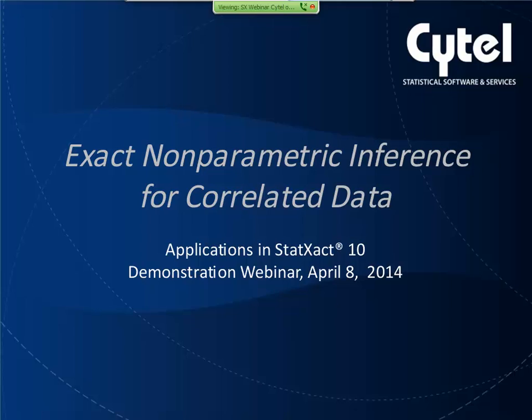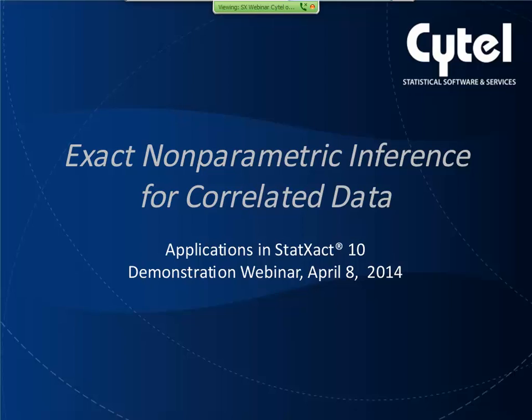In fact, a lot of packages use many of the same underlying algorithms that we use for StatXact, but they were programmed by individuals on their own. So the big distinction in what I'm speaking about today is that this is something really unique in StatXact right now. I don't think anybody else has a comprehensive module that provides all these exact tests for tabulated data when you have correlation.